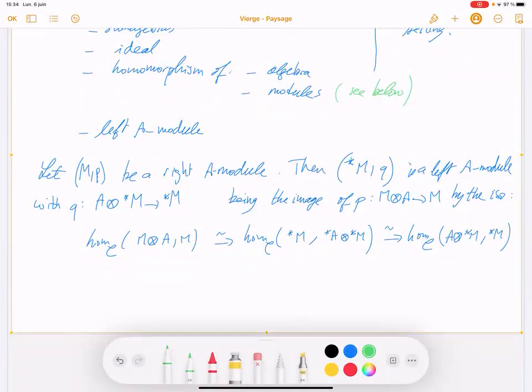The first one is just taking the right dual of the morphism. And the second one is the natural adjunction isomorphism. So you just move that here.